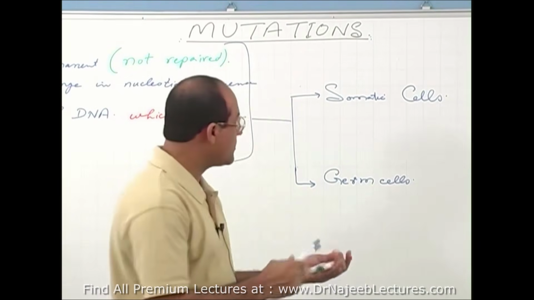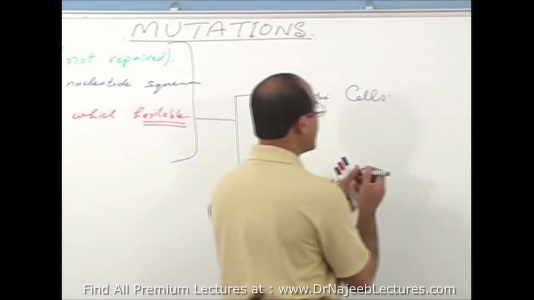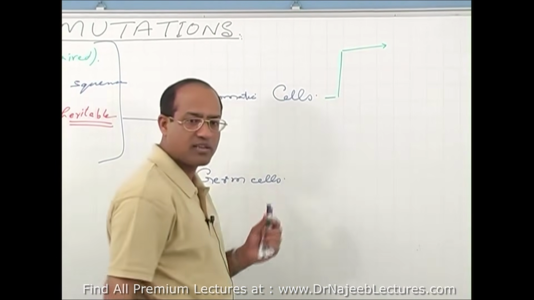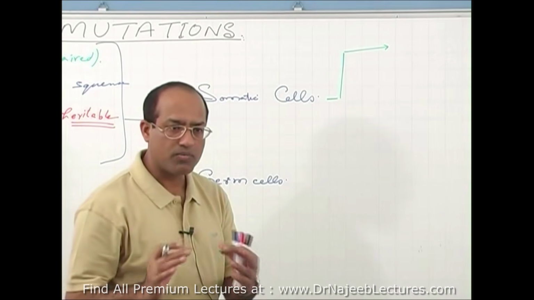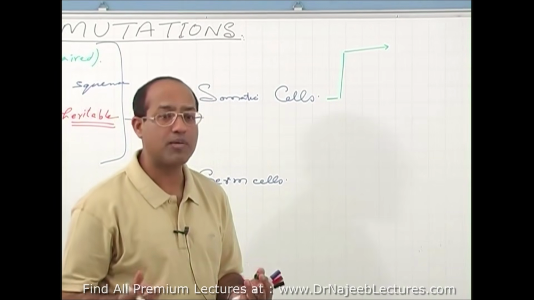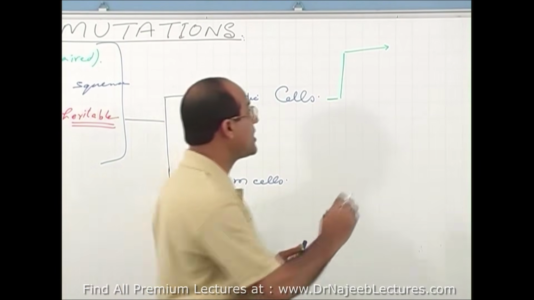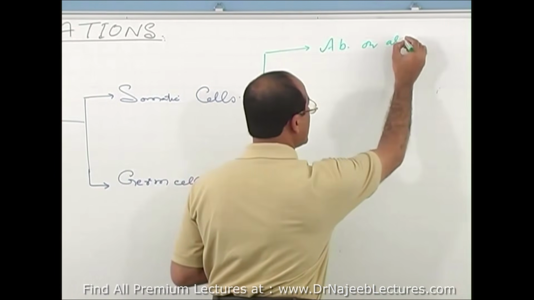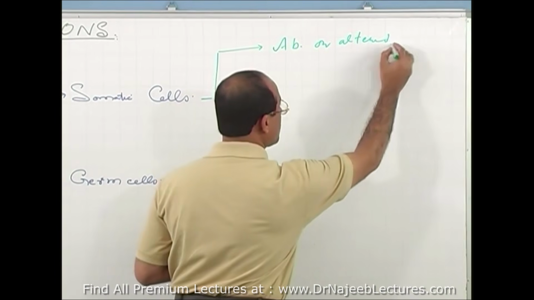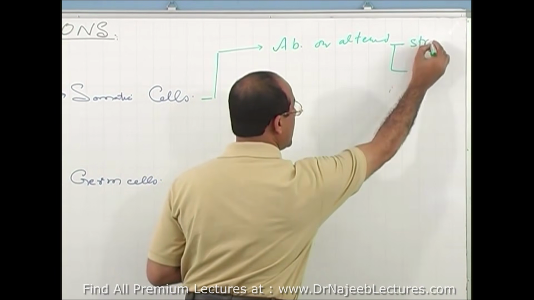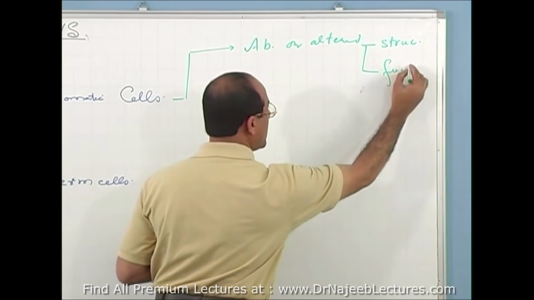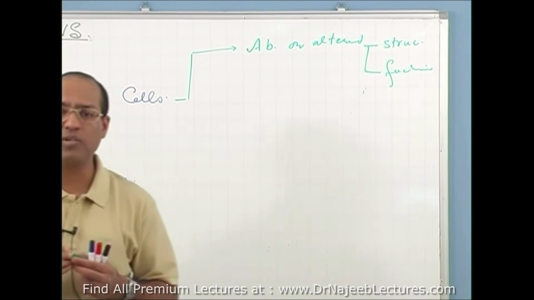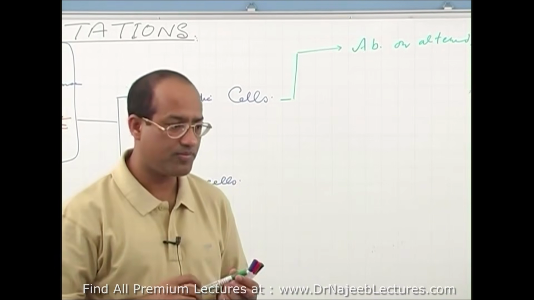Now, if there is a significant mutation that results in alteration in the proteins of the cell, what may happen to the cell? The cell will have abnormal or altered structural or functional properties. The classical example is a normal cell may convert into a malignant cell.